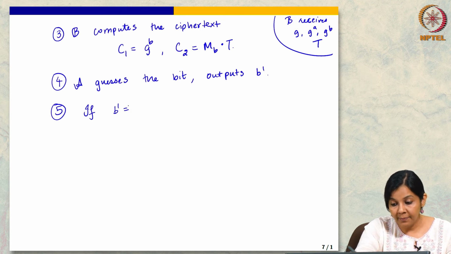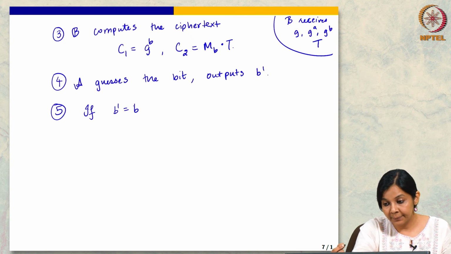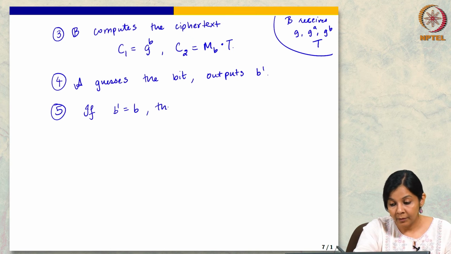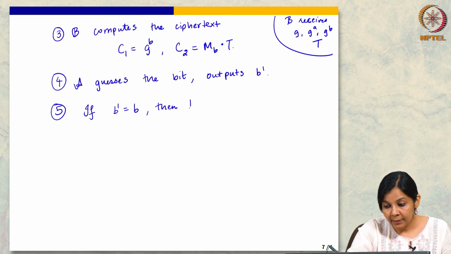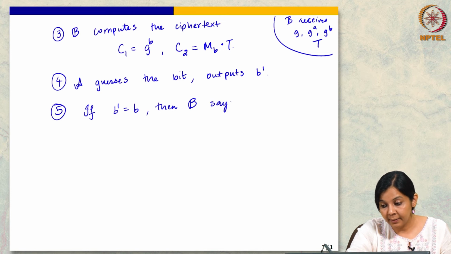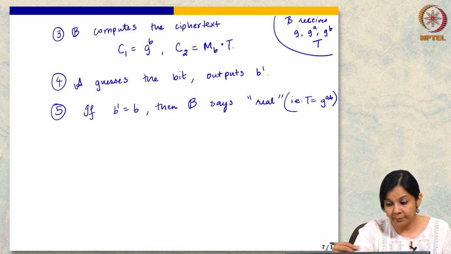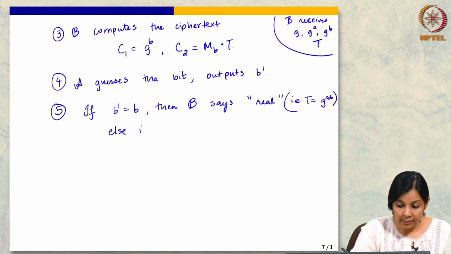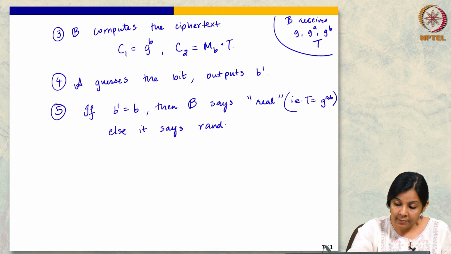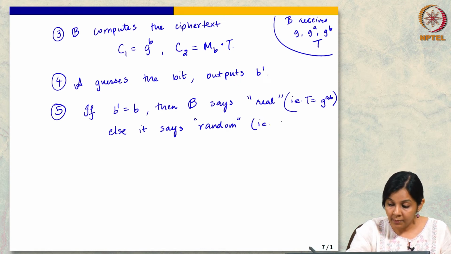If B prime is equal to B, okay, then B says it is the real distribution, that is T is equal to G to the AB, else it says that this is the random distribution, that is T is equal to G to the C.